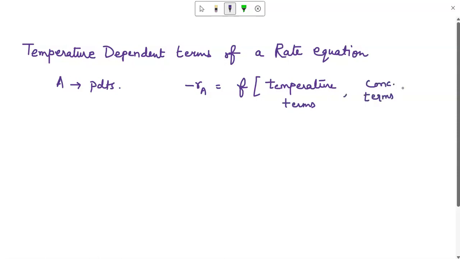I have explained the concentration terms in detail in another video. Let us focus on the temperature dependent terms.